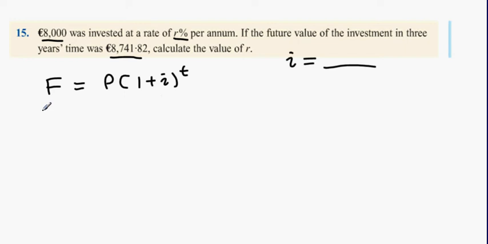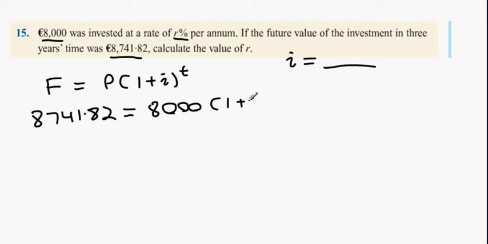Okay, so we have F equal to 8,741.82. We have P, which is 8,000. Then we have (1 plus I) to the power of t, and t is 3 years.